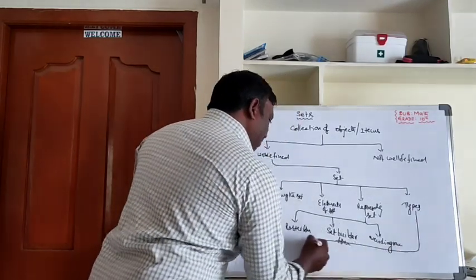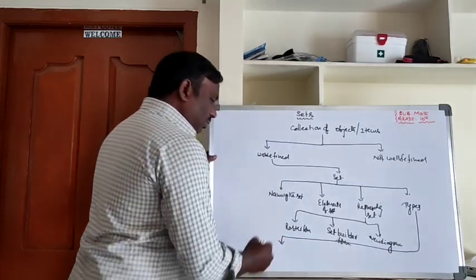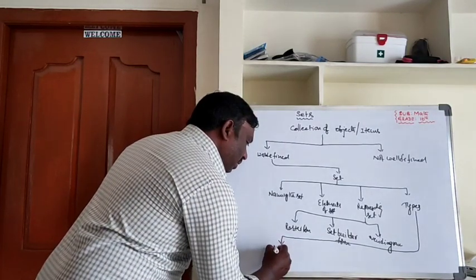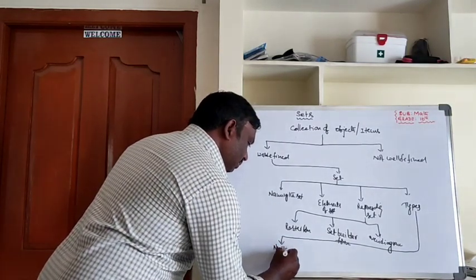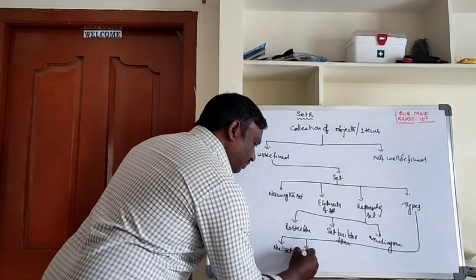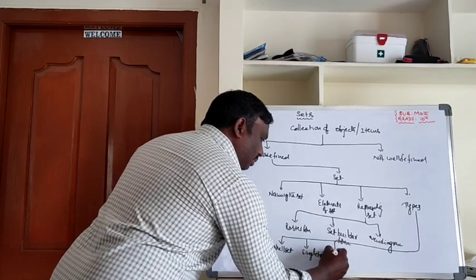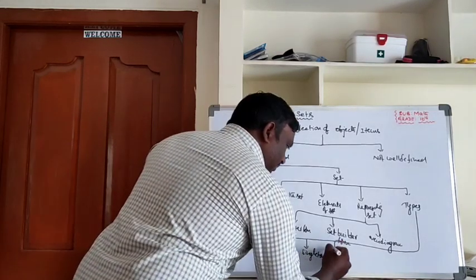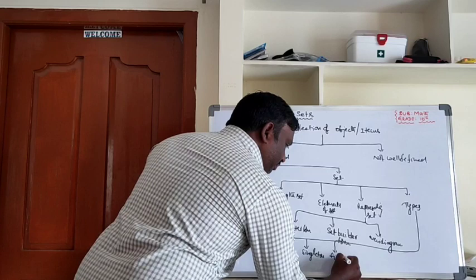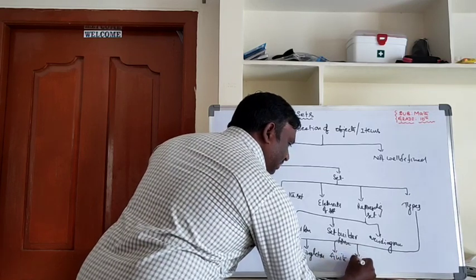So types of sets are: first one is empty set or null set. Next one is singleton set. Next one is finite set, infinite set.